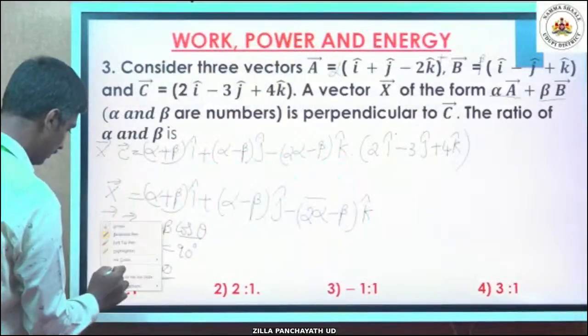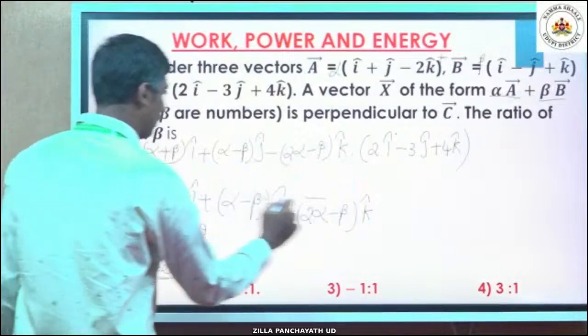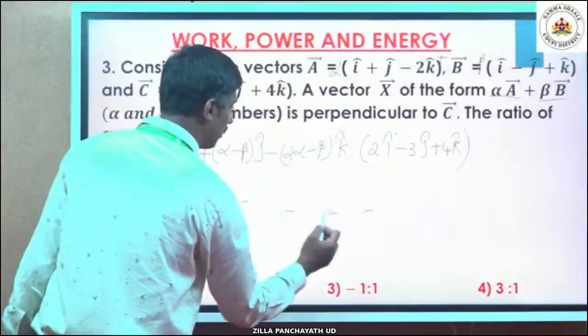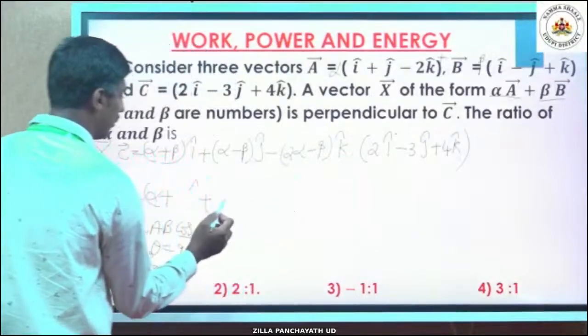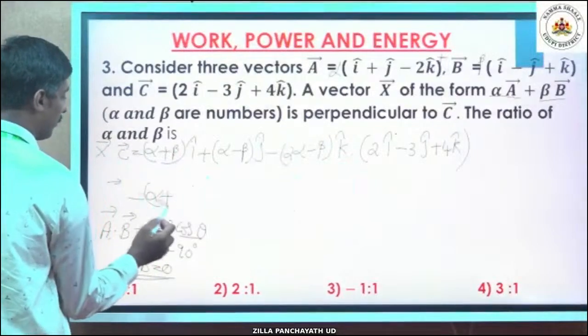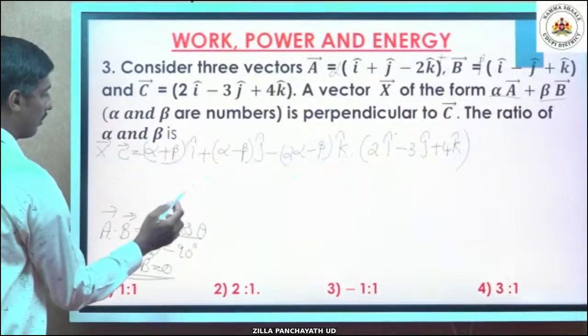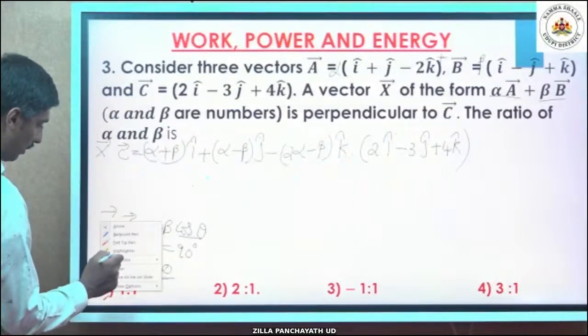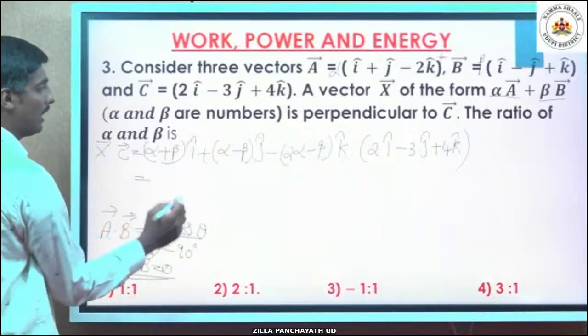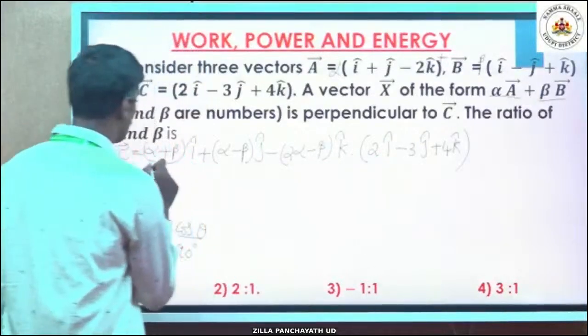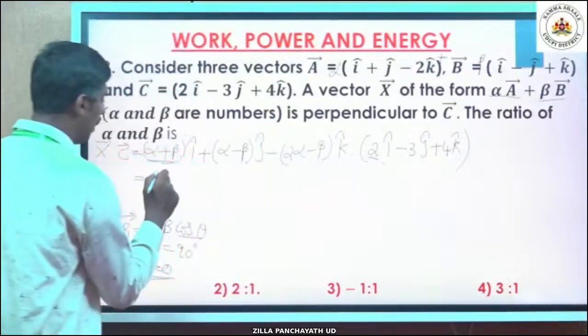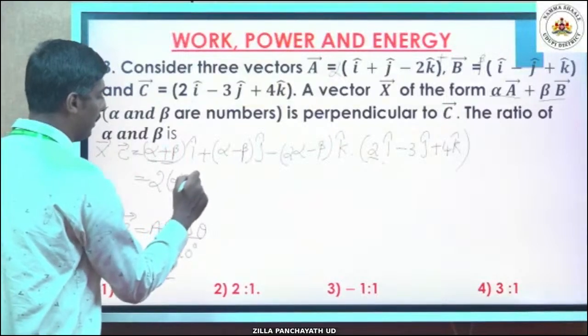So now to get the resultant, again students, dot. So i cap with this one: 2 times alpha plus beta.